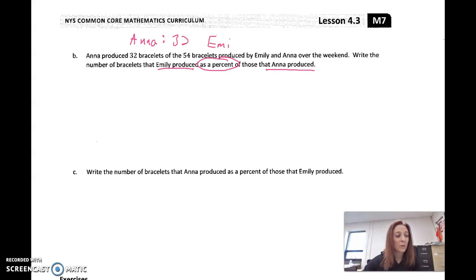Emily produced how many? Well, Anna produced 32 of the 54 bracelets. Well, we can just subtract 54 minus 32, and that'll give us Emily's 22. Okay, so it doesn't come out and say Emily made 22, but we have the total, and we know how much Anna made.